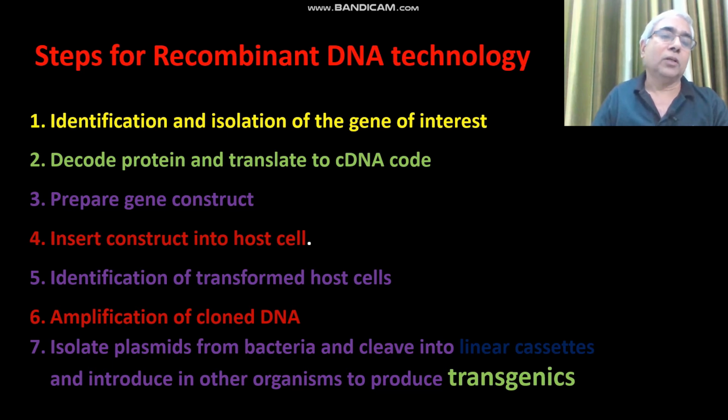For example, suppose you are interested in the insulin gene and you are unable to find the exact location of the gene in the genome. In that condition, you have to decode the protein. Decoding the protein means you have to identify the sequence of amino acids present in that protein, because you know that proteins are made up of amino acids.